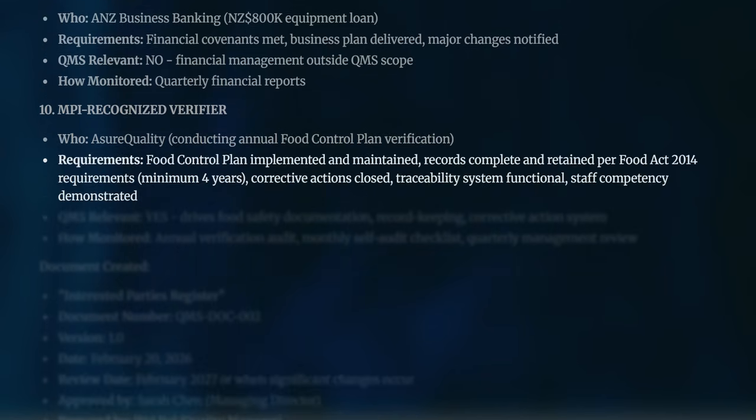The requirements include: food control plan implemented and maintained, records complete and maintained per Food Act 2014 requirements with a minimum of 4 years retention of the records, corrective actions are closed, traceability system is functional, and staff competency is demonstrated. Those are the requirements for the MPI recognized verifier, which means the verifier is coming on behalf of the regulatory body to conduct the assessment, and also you can list down if you have similar in your operations.